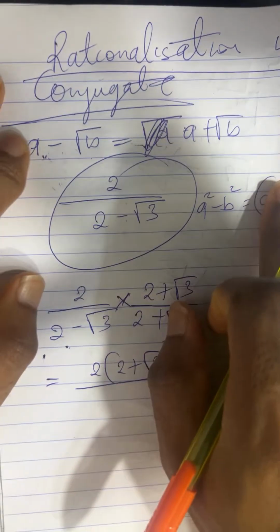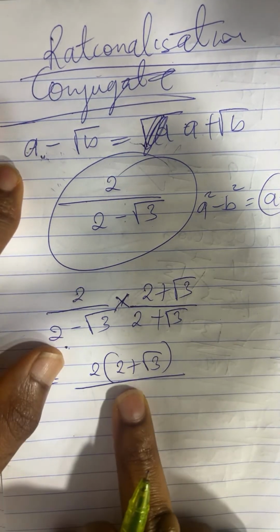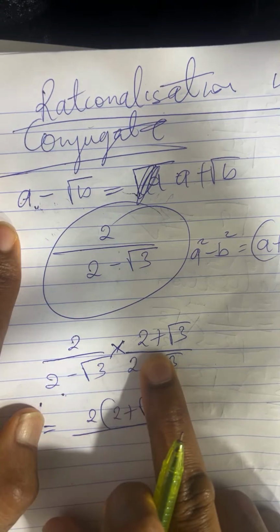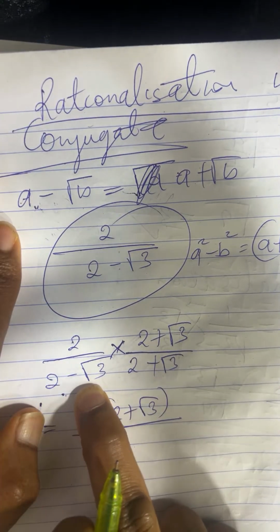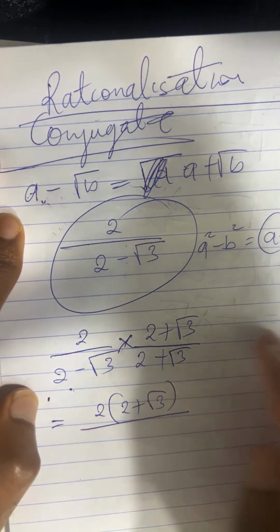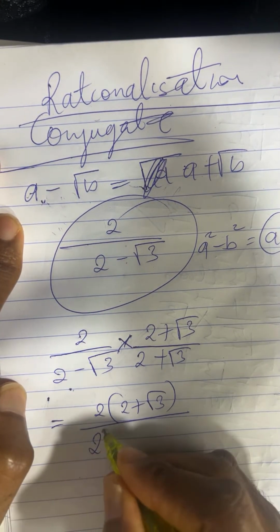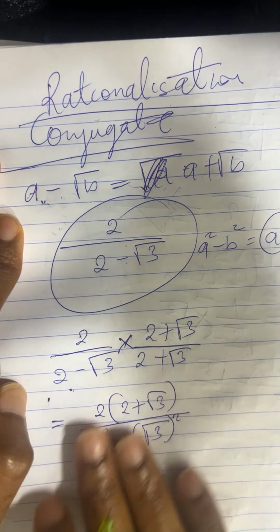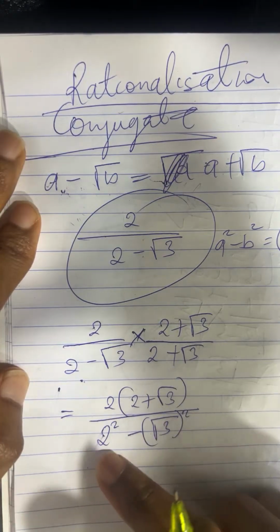So since you know that, coming back to the question, you can see that we have 2, and we have root 3. This is perfectly a difference of two squares problem. So you have 2 squared minus root 3 all squared. This is what the conjugate helps us to do.